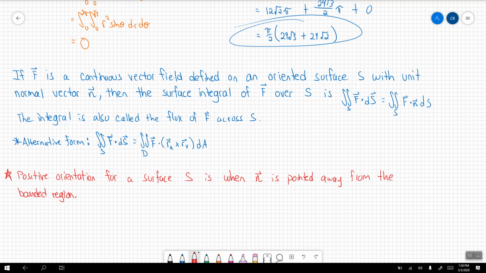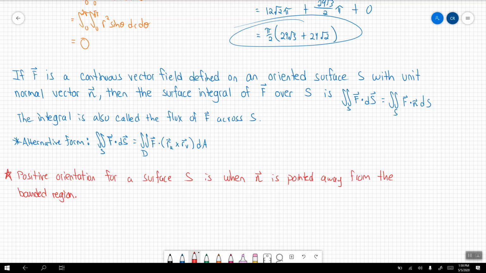Now, in order to satisfy this, we are going to need to identify every single surface that we're trying to calculate the flux for. Once we're able to visualize that surface, then we're going to be able to extract what is that normal vector that we are then looking for.